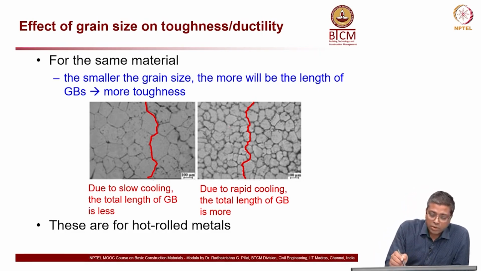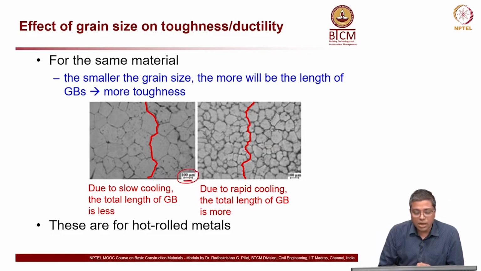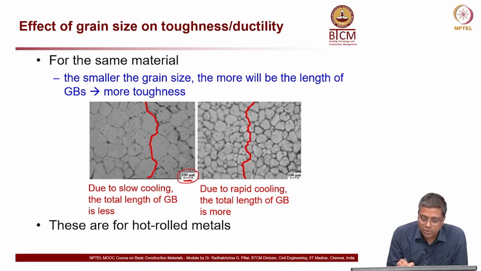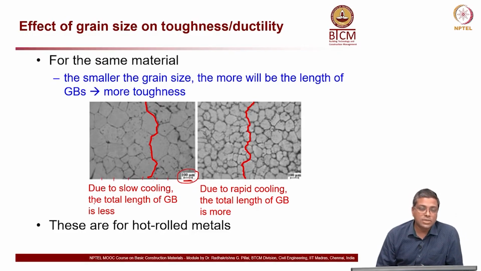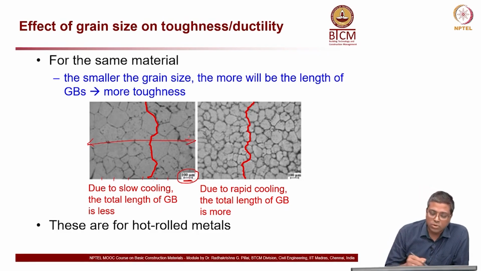Now, here when you look at the left side micrograph, this is 100 microns. The length of this little straight line is about 100 microns. So, you can say the size of this is 1, maybe 2, 3, 4, 5, 6, 7, let us say 8. 0.8 millimeter is the distance from this point to this, sorry, 0.8 millimeter.